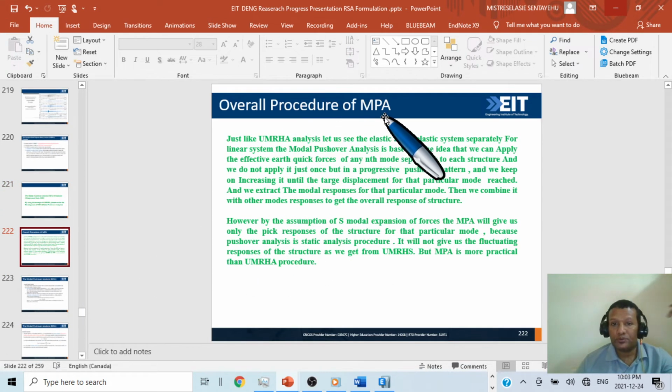So the overall procedure of modal pushover analysis, just like UMRHA analysis, let us see the elastic and inelastic system separately.